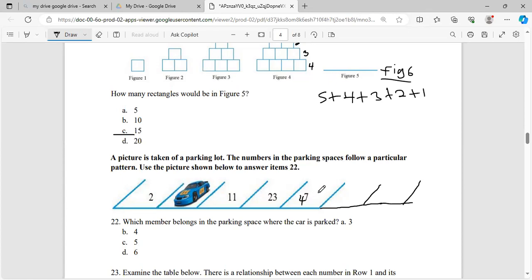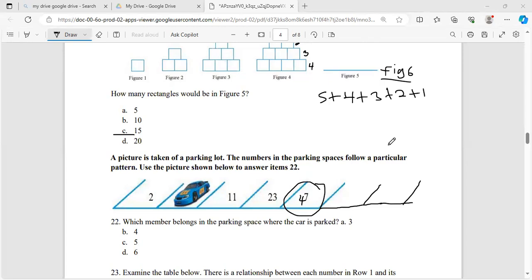What happened, guys? This number is actually incorrect. There was an error with this number. It should not have been 7. So what they're doing, from 23 to 47, they're doubling the number basically.